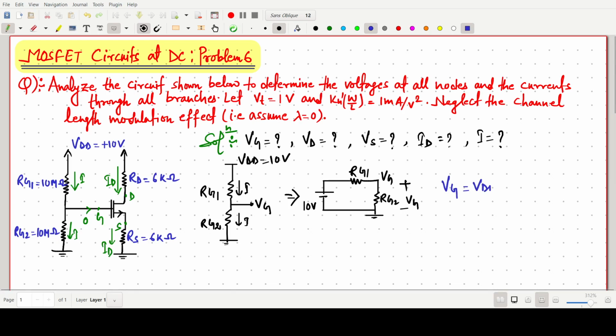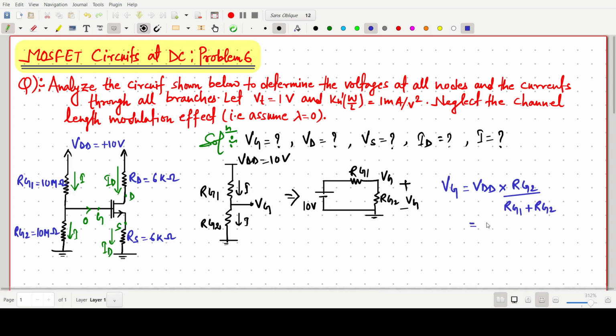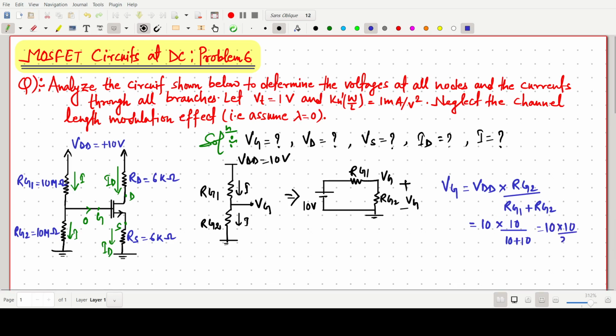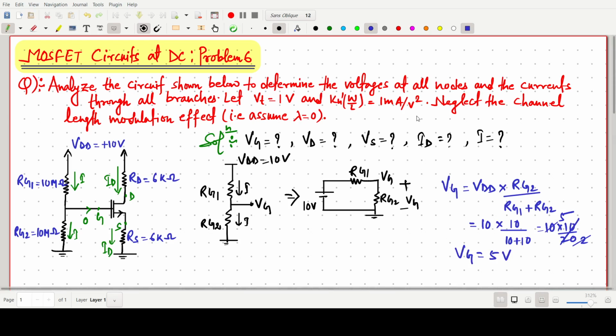That is VDD, 10 volt, into RG2 by RG1 plus RG2. So 10 mega by 10 plus 10, mega will be cancelled, so it is 10 into 10 by 20, which is 5. So Vg will be 5 volt.